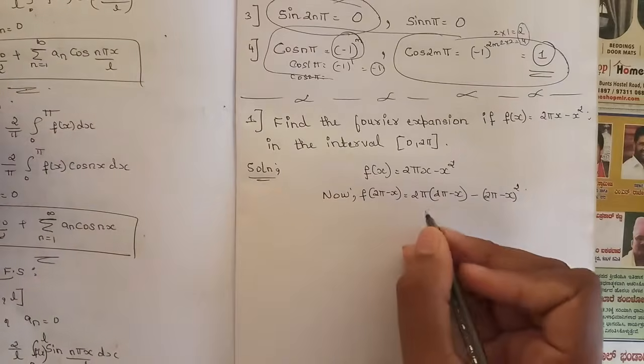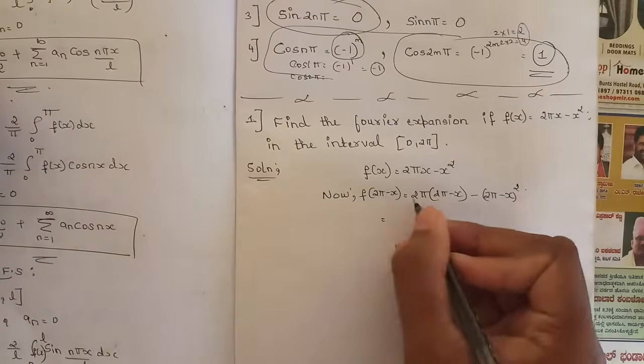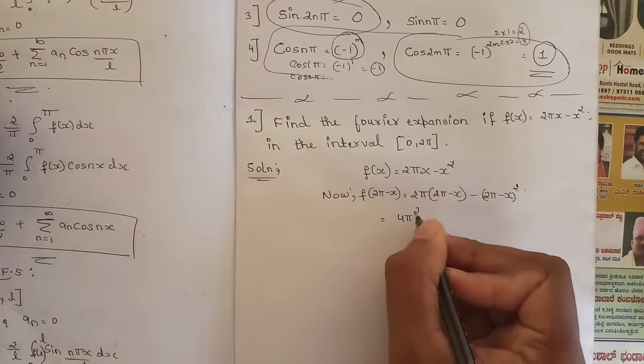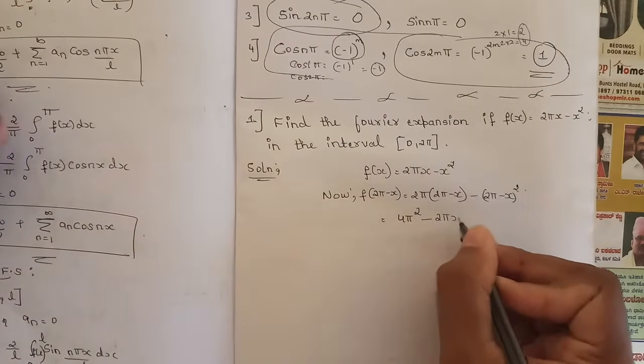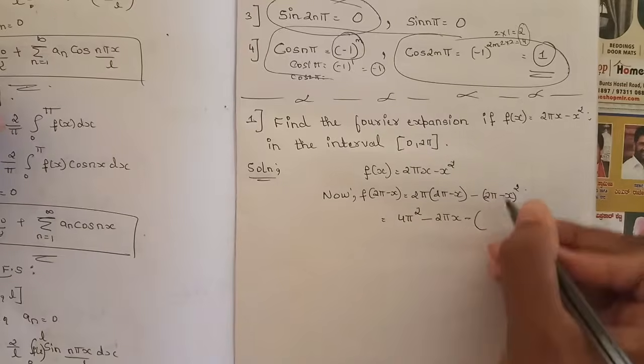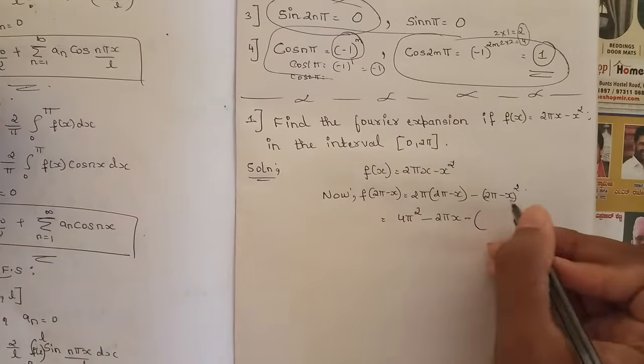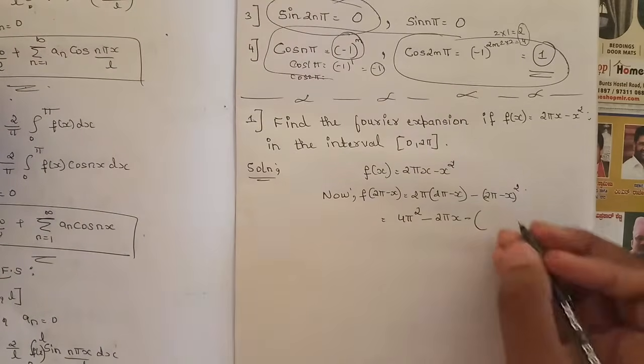Whole square. So this becomes 4 pi square minus 2 pi x minus 2 pi whole square, that is, we need to use the formula for a minus b whole square.